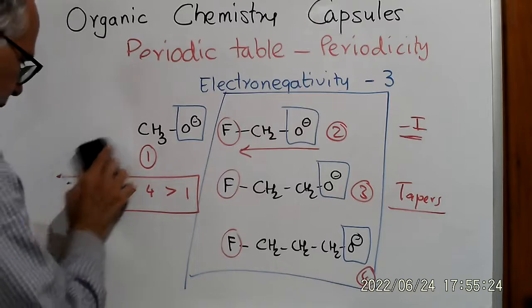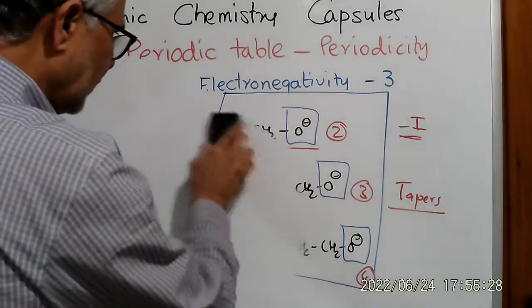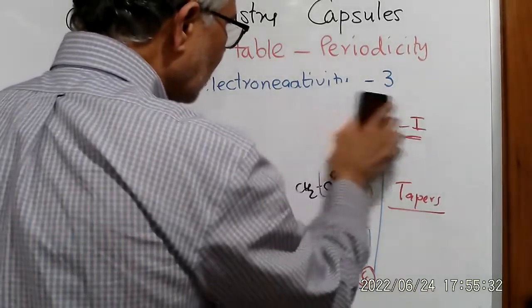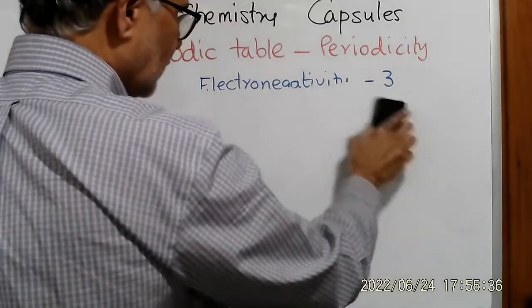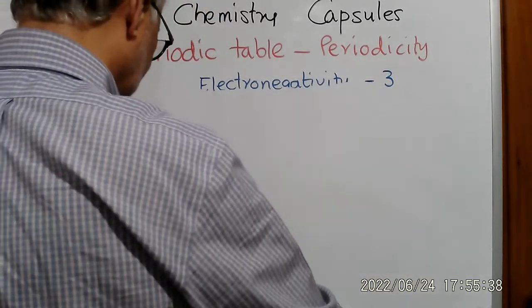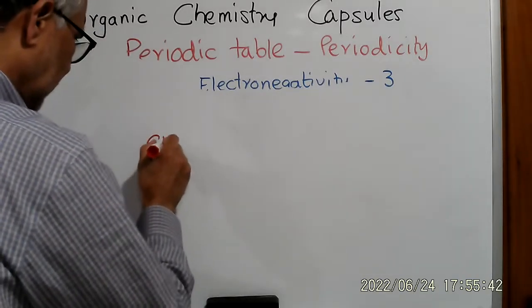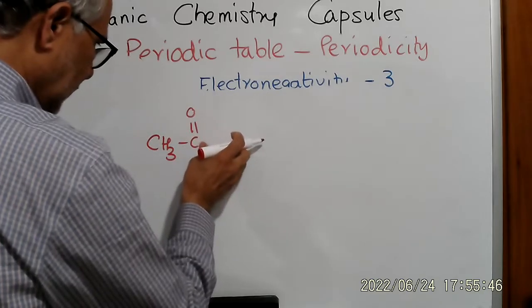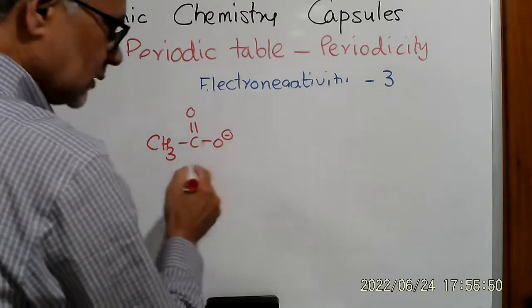So I'll erase this. In another example, we'll have the fluorine atom on the same carbon, but we'll keep adding more fluorines. Okay. I will take this particular ion as our base scenario, CH3, C double bond O minus.